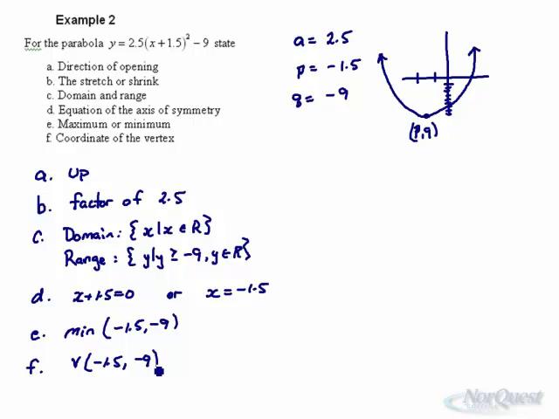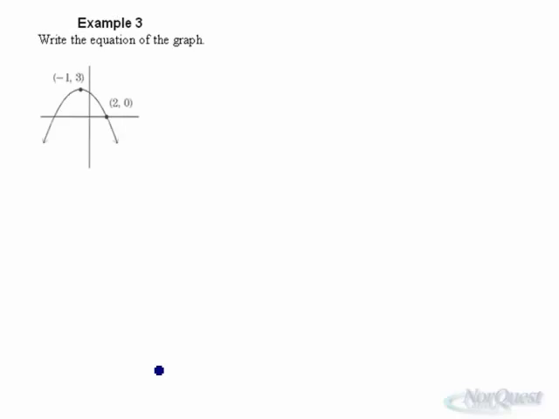The other thing that you do get asked quite often is to come up with equations of a graph. So if you're going to write an equation of the graph, always start with the standard form y = a(x - p)^2 + q. Start with this. And you will need 2 points on the graph, preferably the vertex and some other point.